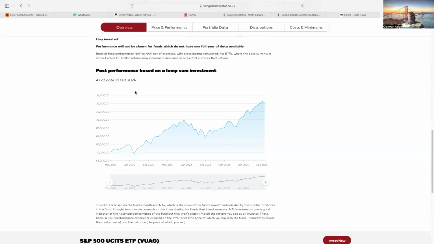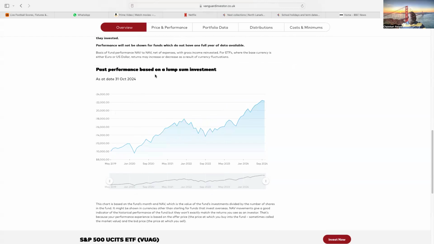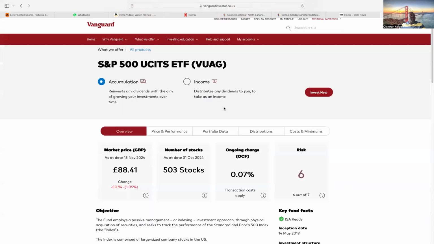So it has really performed well over time as well. If you had 10,000 as at 2019, by now you'd be talking about 22,000 in 2024. Based on lump sum investments, this is really good performance.